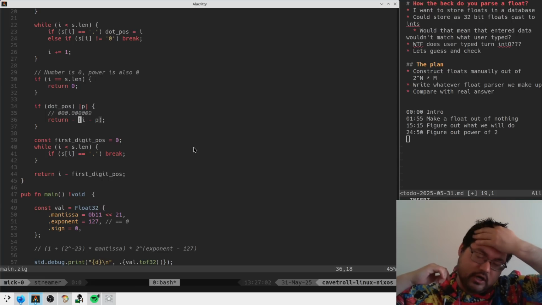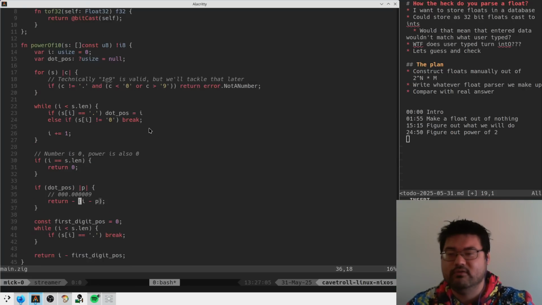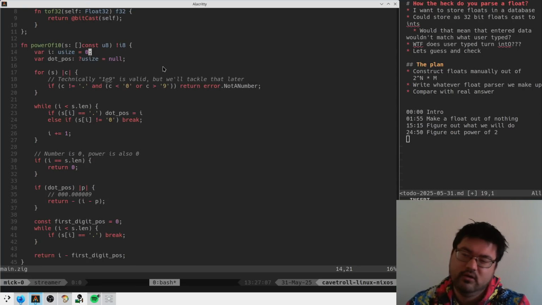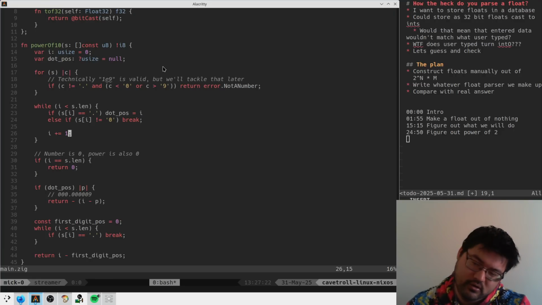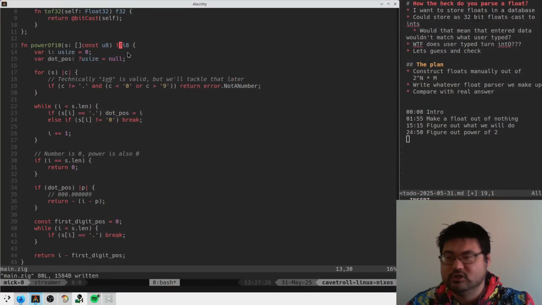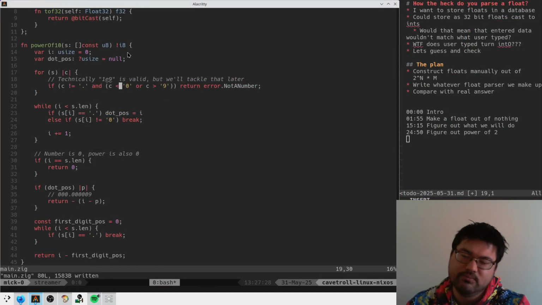This number might be so big that it doesn't even fit in an I8. In which case, what do we do? I guess it becomes infinite. I assume infinite is just marked by max value or something?